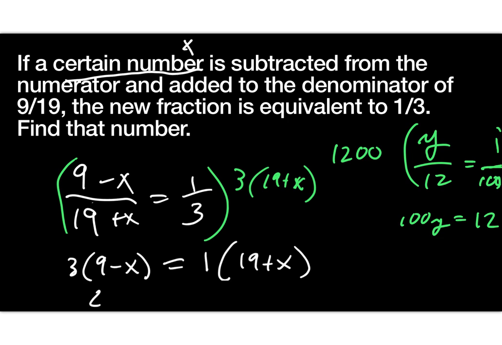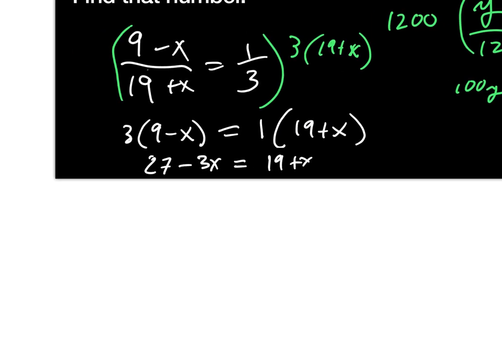And then, yes, 27 minus 3x, distributive property, equals 19 plus x. And then depends on how you want to go about doing that one next. I like having my x's positive, so I'm going to move them to the right side.